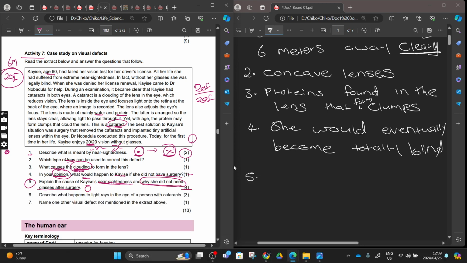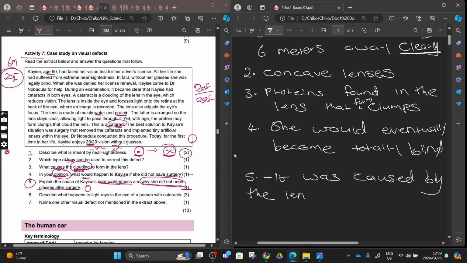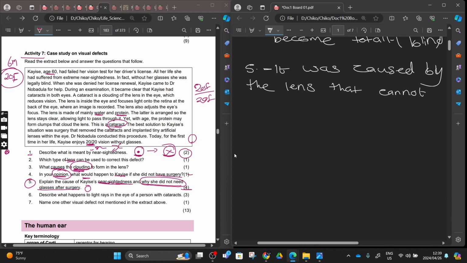After removing the lens and placing another lens, she was fine. It was caused by the lens that cannot adjust adequately to focus the incoming light.